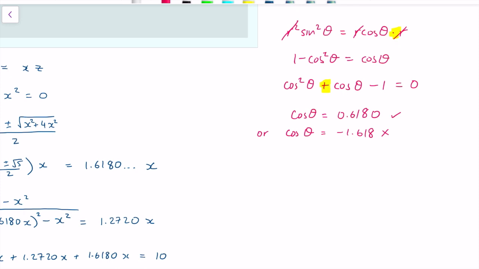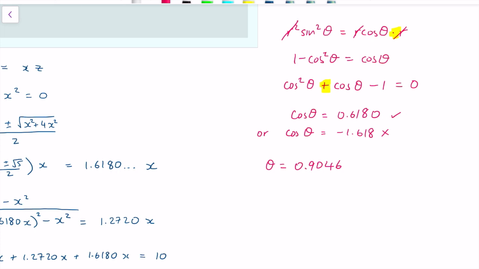And then when we find out the theta value for this, we take the cos inverse of it, and that gives us theta equals 0.9046 roughly, of which then we can find out the x and the y values.